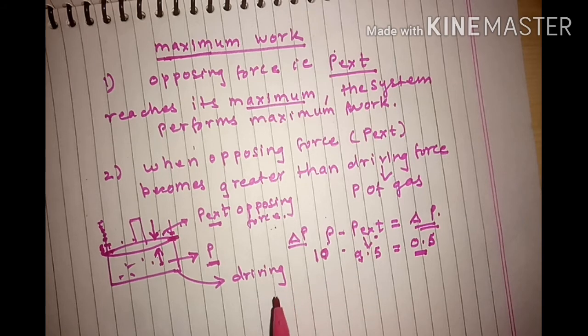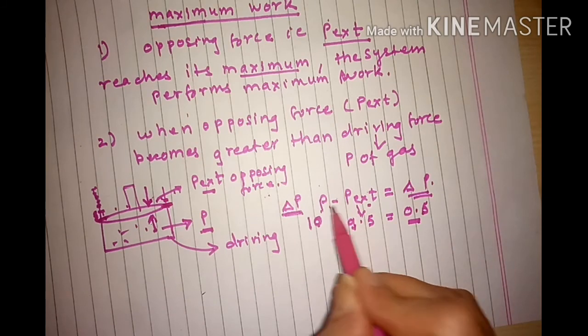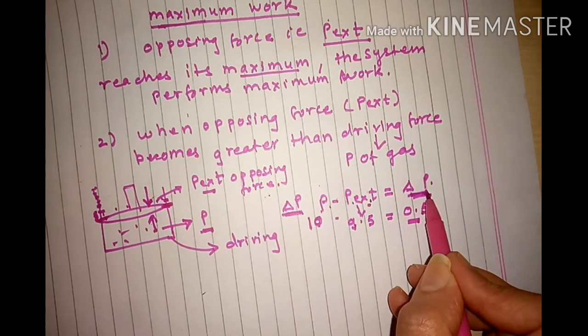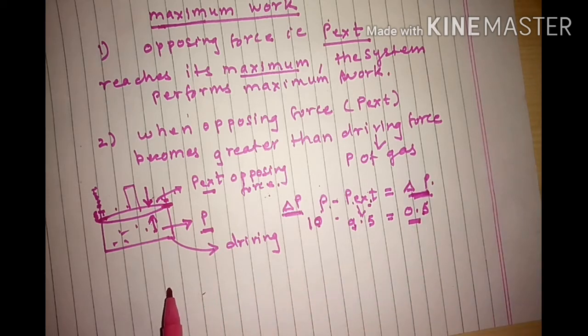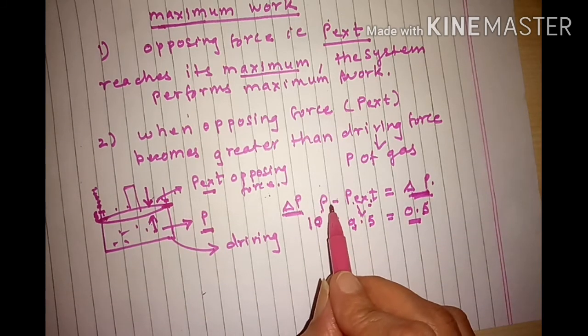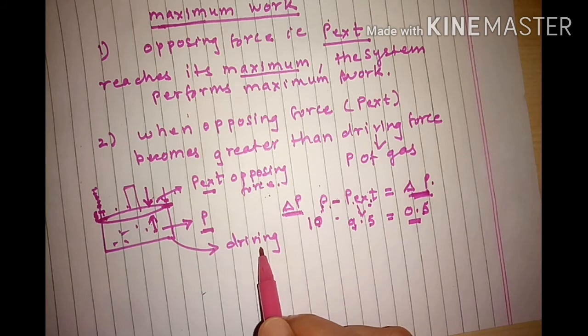Work would be maximum when delta P is smallest. So this delta P, that is P minus P external, should have a very small value. It would give you maximum work. Delta P, the difference between the opposing force and the driving force, should be infinitesimally small.